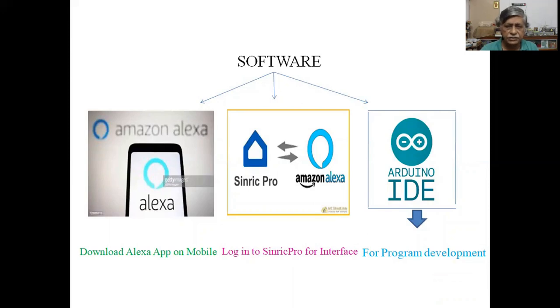So the software plays a major role, wherein the first step is to download the Alexa app on the mobile and then log into Sinric Pro for interfacing purposes. And then the entire program is put on the microcontroller using Arduino IDE.